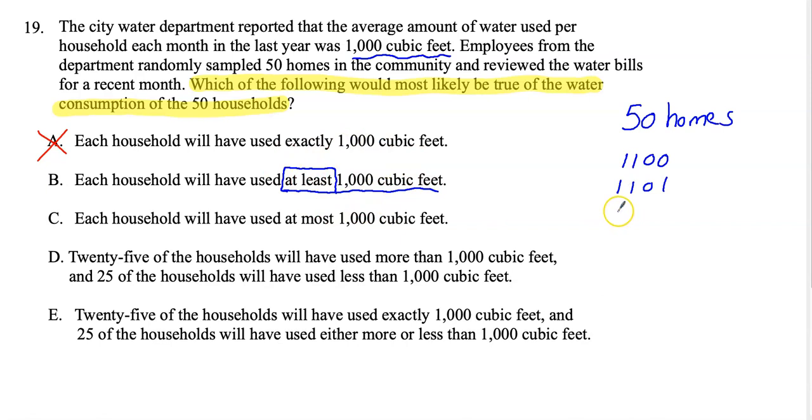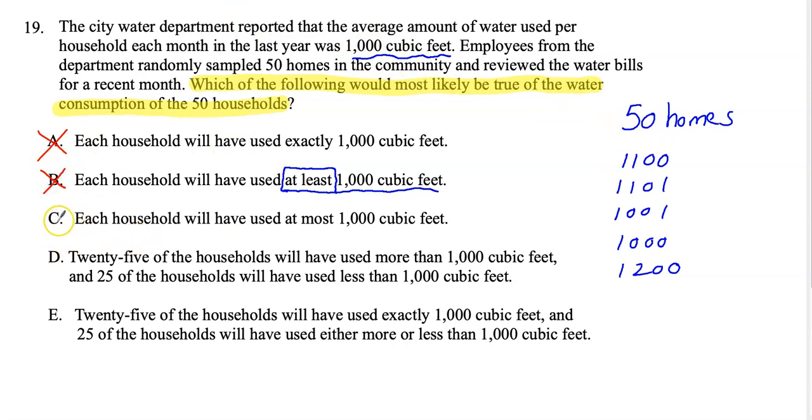And maybe one that uses 1,001 cubic feet. Maybe one uses exactly 1,000 cubic feet, but none of them can go under 1,000. Might have one that uses 1,200. The point is, this is not going to make sense, because if I were to average these, it wouldn't be 1,000 cubic feet. It would be higher than that. More than likely higher than that, because I'm probably going to have some homes that use under 1,000 cubic feet, so this is gone.